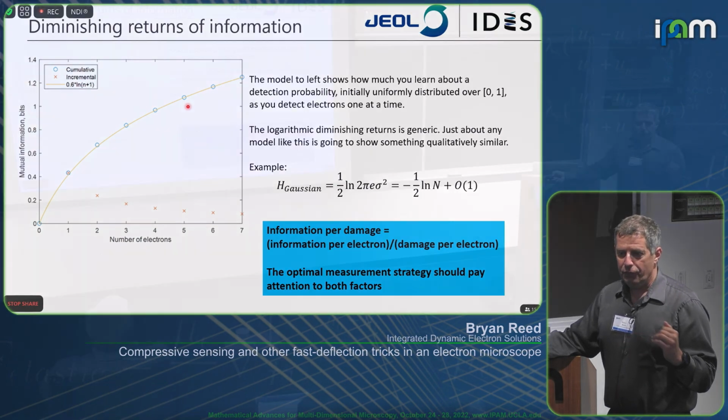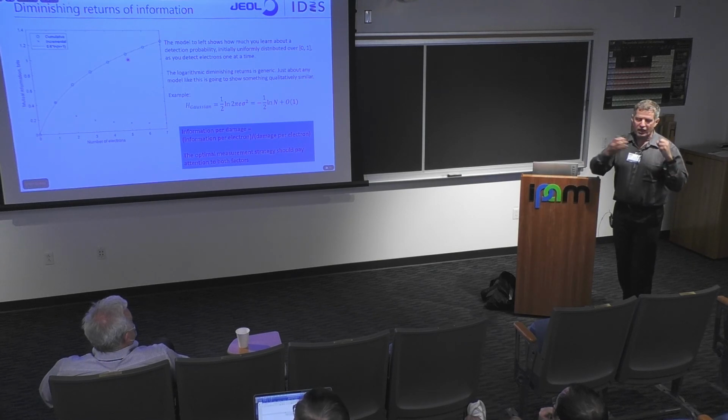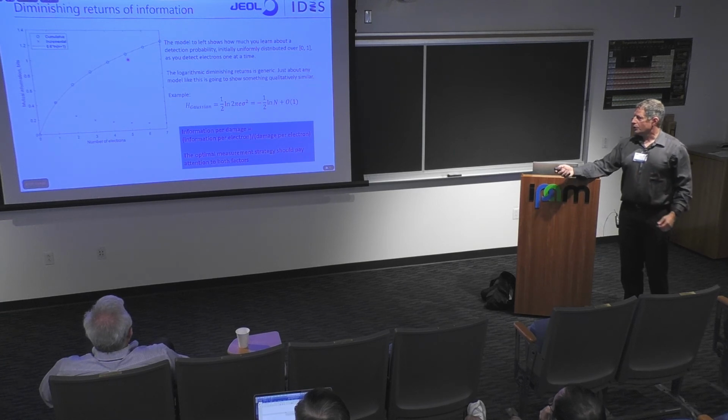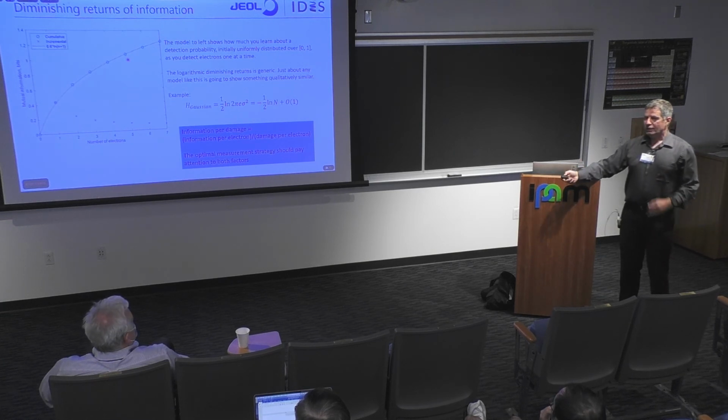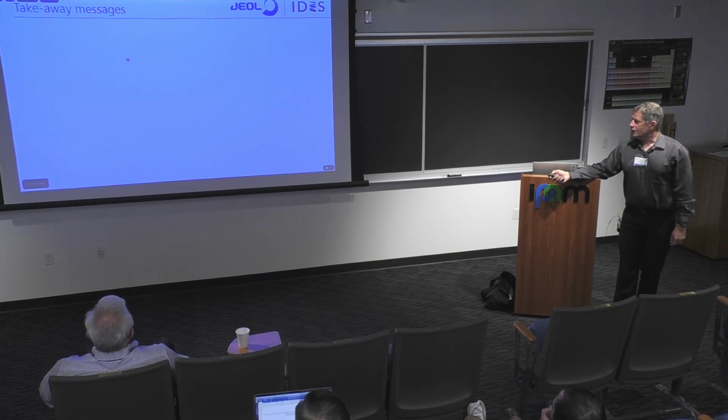If you've already measured some variable by throwing 100 electrons at it, throwing another 100 electrons at it is going to give you a small increment of additional information. So think carefully about how you want to target your dose and where you want to put it, especially thinking about the spatial and temporal dependence of the dose damage mechanisms. Dose is not damage.